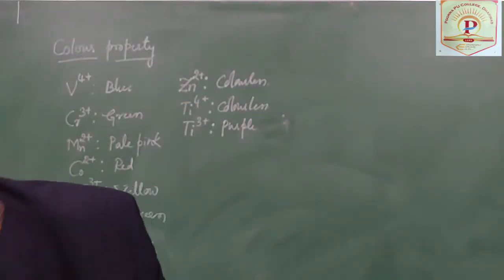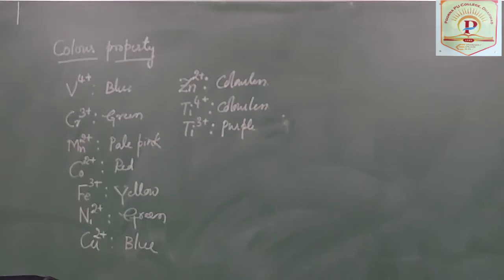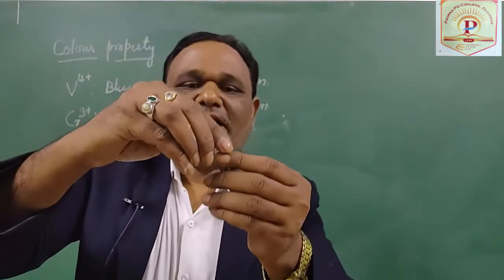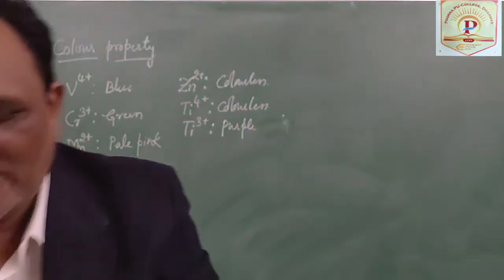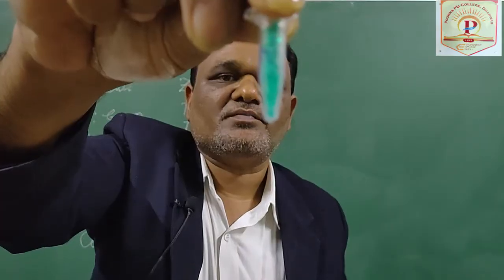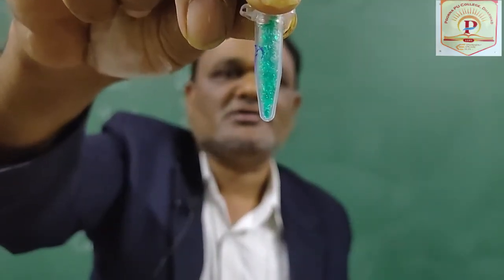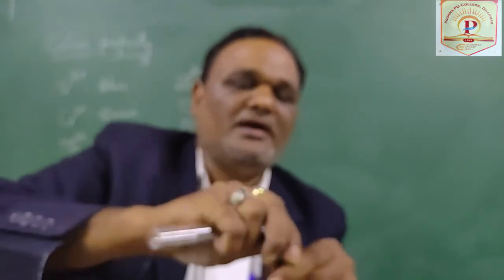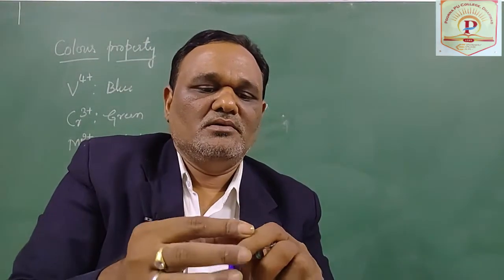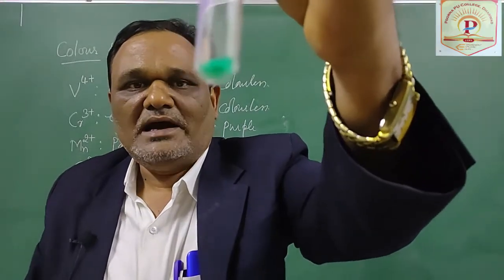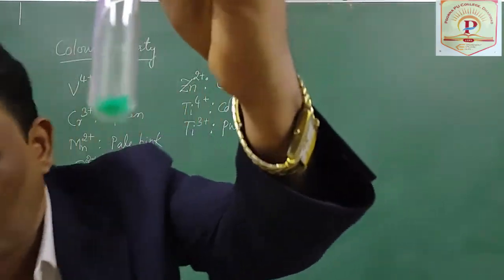The next salt I will take is nickel nitrate, and you can see the beautiful greenish crystals in this. I will take these crystals into the test tube. You can see the green crystals, and I will add the water.